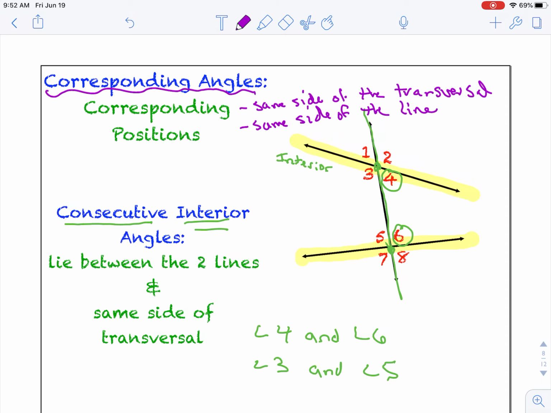So another way to look at it: if you think about this as a quadrant on a graph, like an XY graph, and this as another quadrant of the graph, it's like being in the same quadrant.